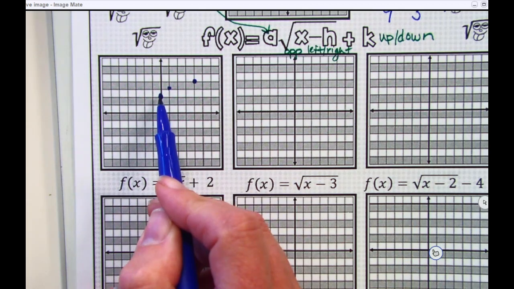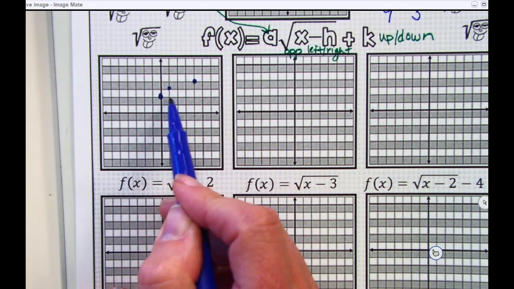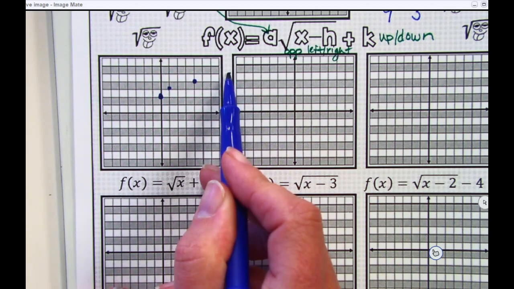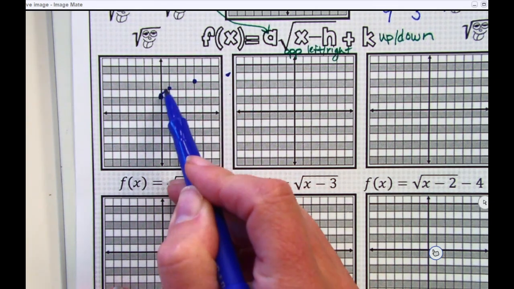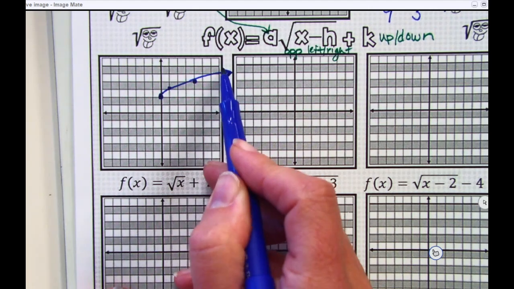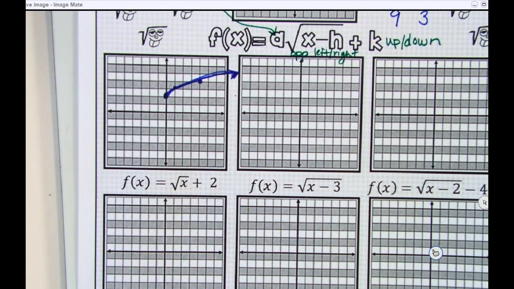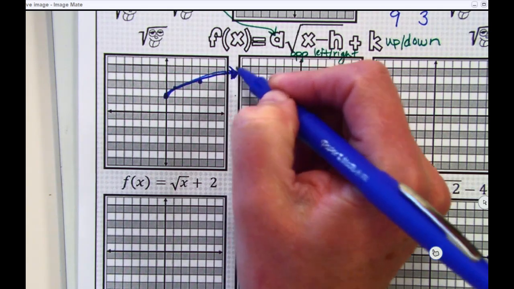Then back to my initial point, over 9, 4, 5, 6, 7, 8, 9, up 3. And you'll find the ALEKS graphing tool makes this pretty friendly.